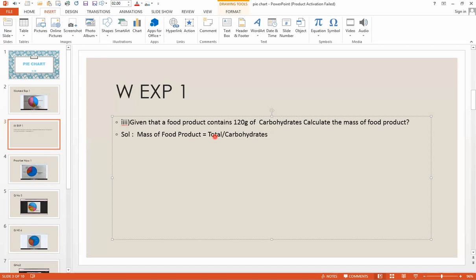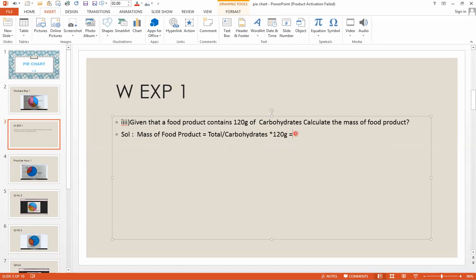Then you have to multiply it by the given value. That value is given here in the question. What is that value? That is 120 gram. Is it clear?